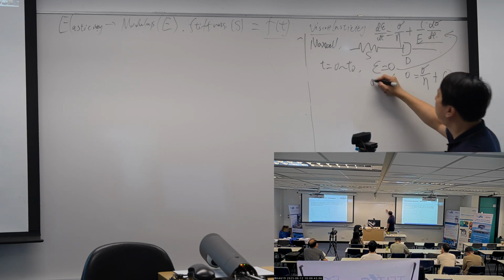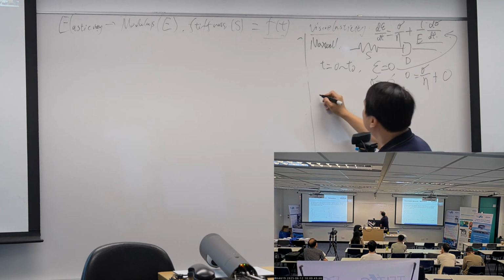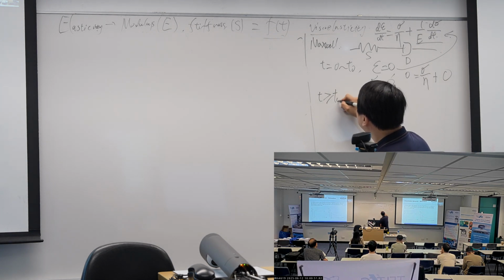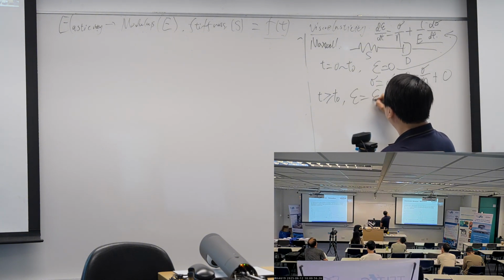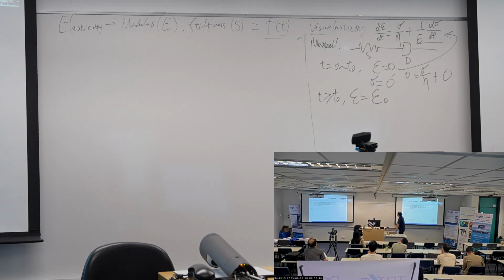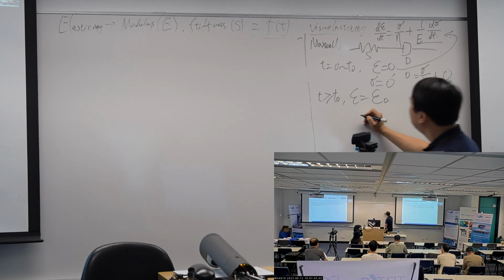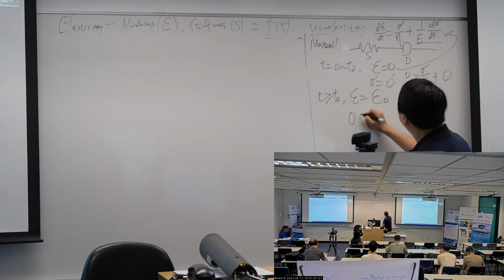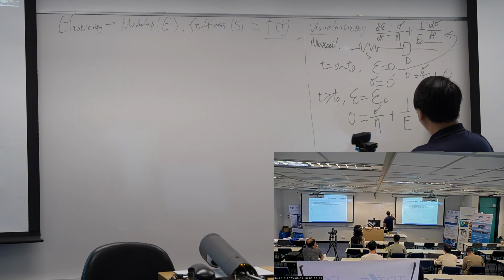So my force should be constantly 0. That's the right term. And then for t larger than t0, my epsilon now is constantly equal to epsilon 0. And then I put this back in my equations. On the left side, 0 equals sigma over eta plus d sigma over dt divided by E.